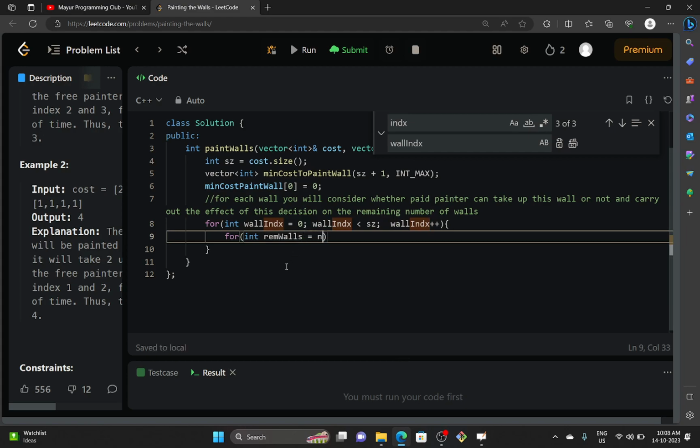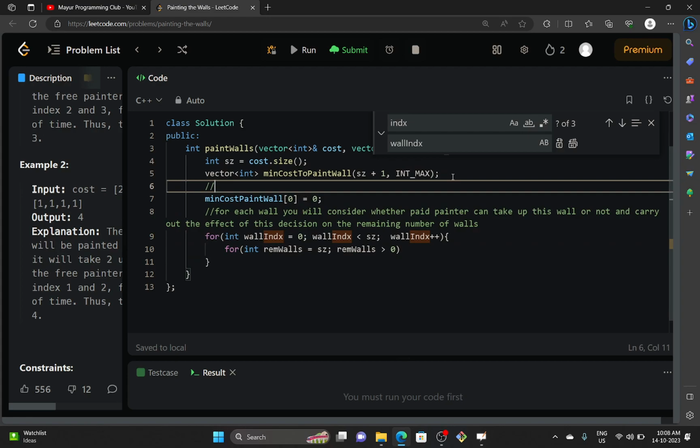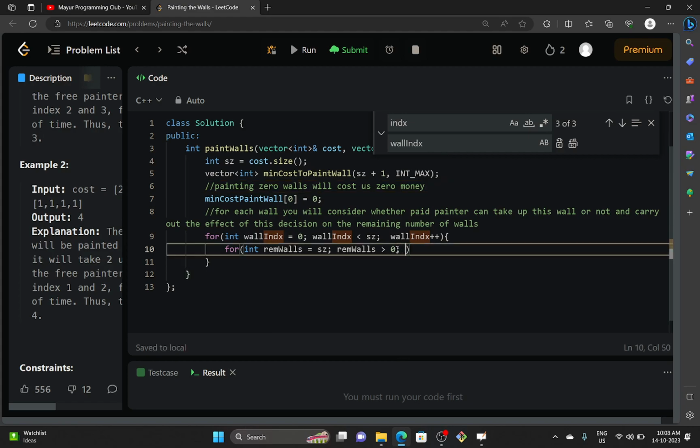Remaining walls will be ranging from n to 0, and here the size greater than 0, since 0 is already accounted for. Painting 0 walls will cost us 0. Okay, and then remaining walls will be decremented.